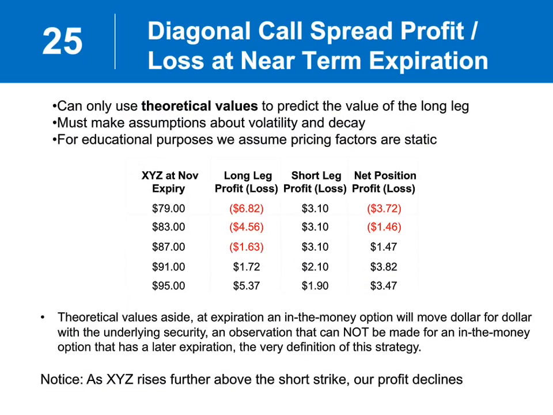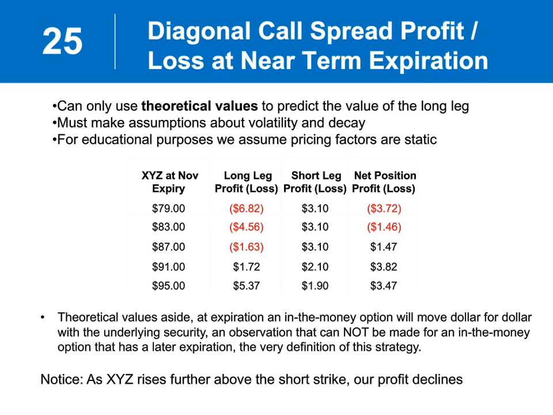We can calculate our profit and or loss on the spread with the stock at various prices at the November expiration. In the first example, we have XYZ closing at $79 a share. That's down $8 from the day we put the spread on.